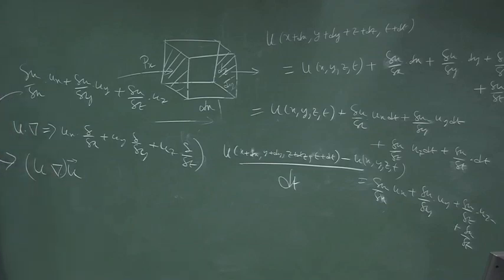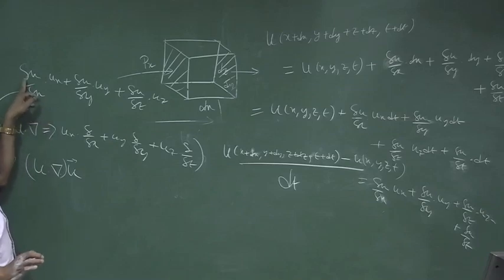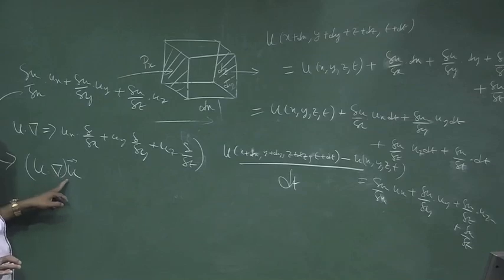Is the divergent of u okay or not? Okay. I consider u·∇u, so it is nothing but the divergent of this thing.